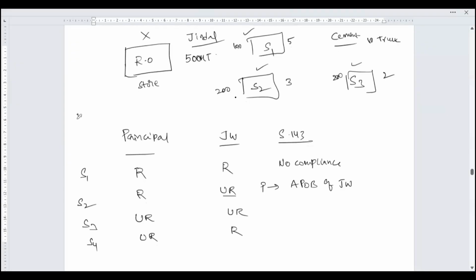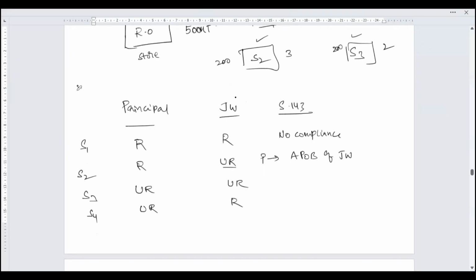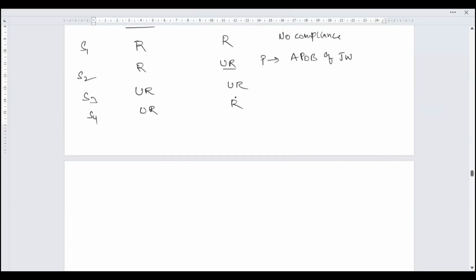Now for scenario 2, I'll put it this way. Principal, job worker. Let's assume again scenario 1: principal is in state 1, job worker in state 1. Scenario 2, principal in state 1, job worker is in state 2.